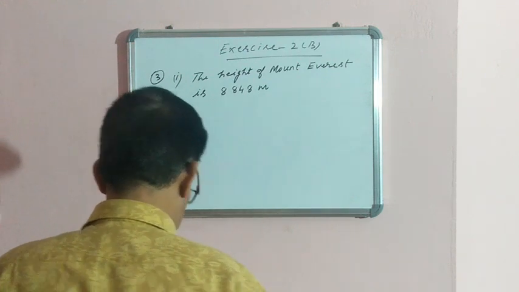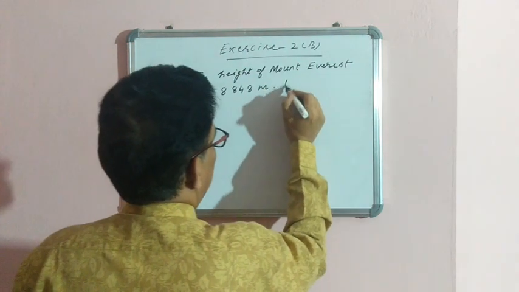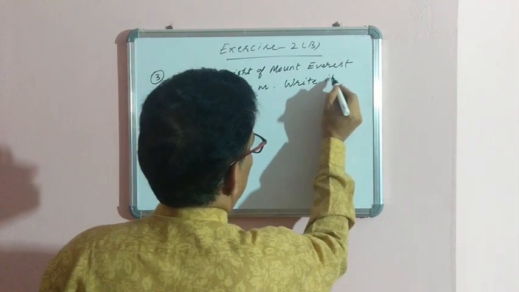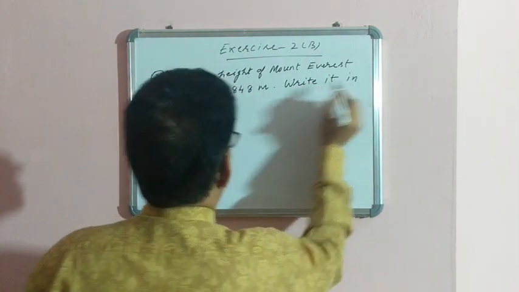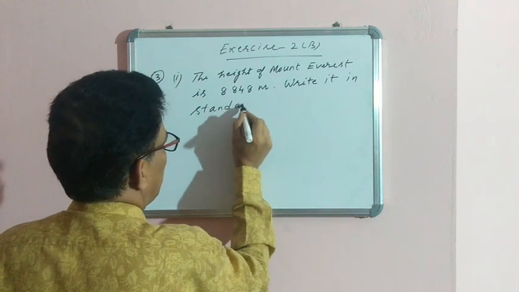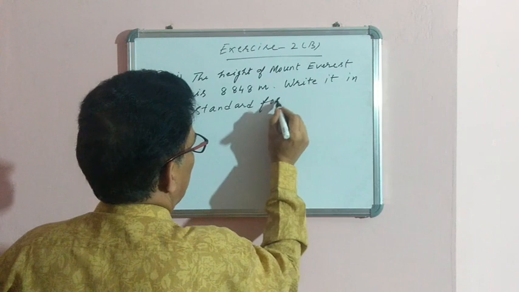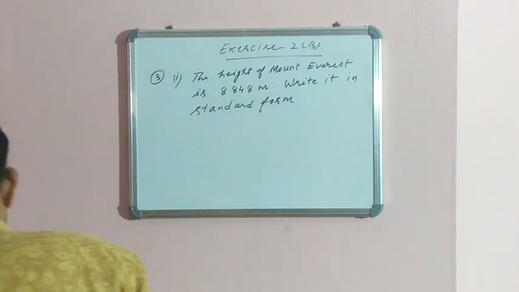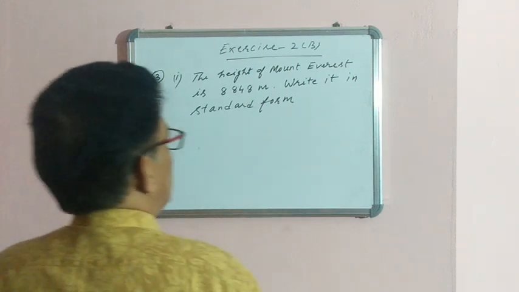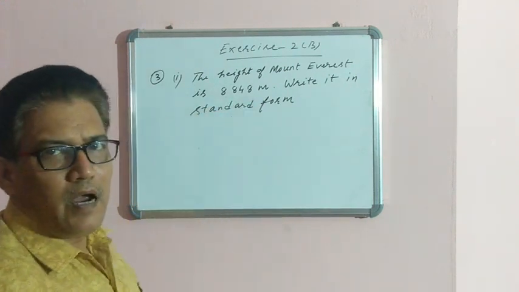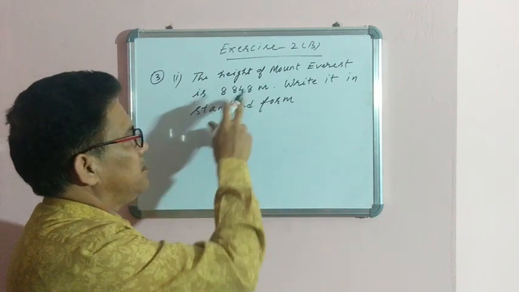Write it in standard form. So this is given, this is the height of Mount Everest, and we have to write this in standard form.